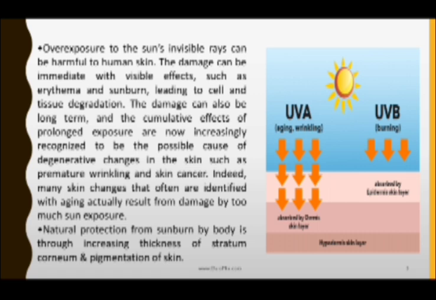Indeed, many skin changes often identified with aging actually result from damage by sun exposure. Natural protection against sunburn by the body is through increasing the thickness of stratum corneum and pigmentation of skin.